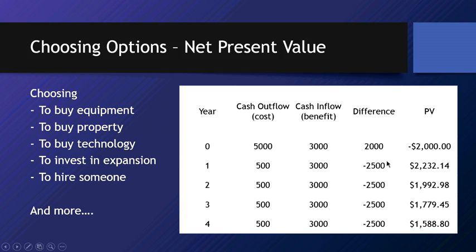So we take that difference and we figure out what that would be worth. $2,500 next year is worth $2,232 to us today. So we backtrack that, and we do that for every year. And we can see that already in year one, the $2,200 is worth more than the negative that we have. So this is a good investment to pursue.